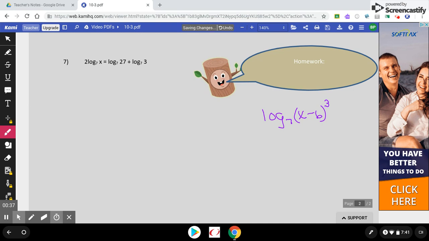Power property lets you take the exponent and put it out in front. So I would have that guy. So exponent converts into times. You're either going this way and yanking that guy out front, or the opposite. It's got to be one or the other.